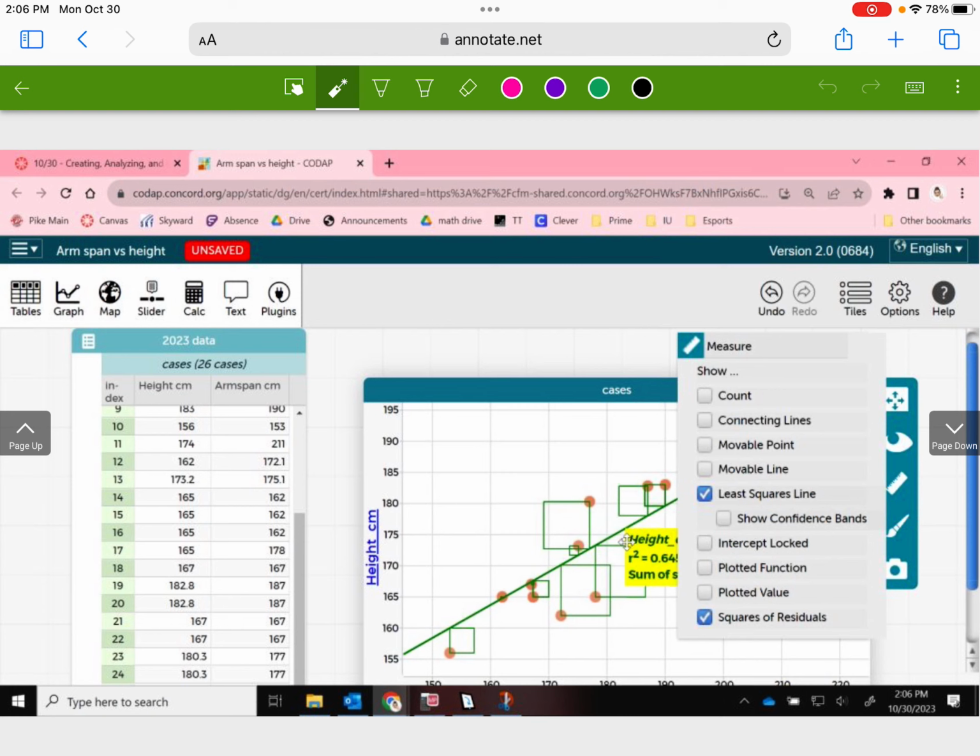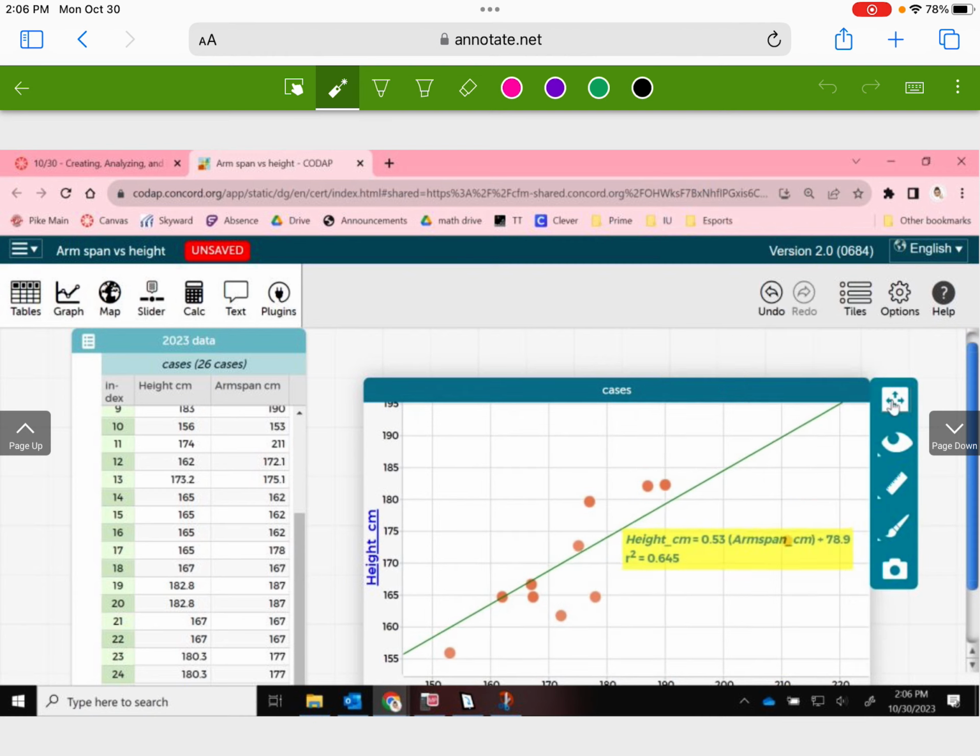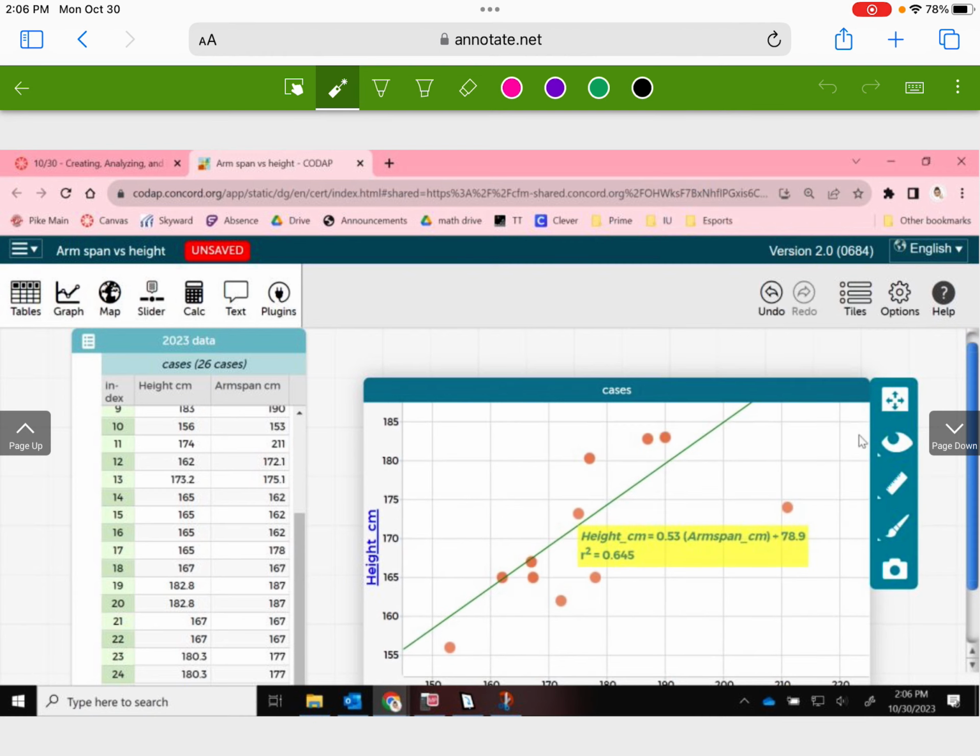When it says least squares line, it's looking for the smallest area, the smallest distance between. So I want you to play around with it and see if you can figure out what Michael Phelps would do. That is homework 8-9. It's arm span versus height, or arm span versus height dash Michael Phelps. So this is our arm span versus height, comparing our arms versus our height.